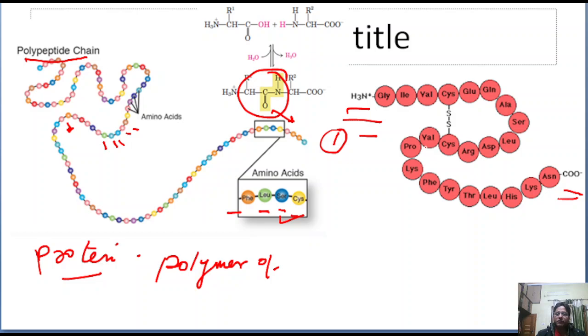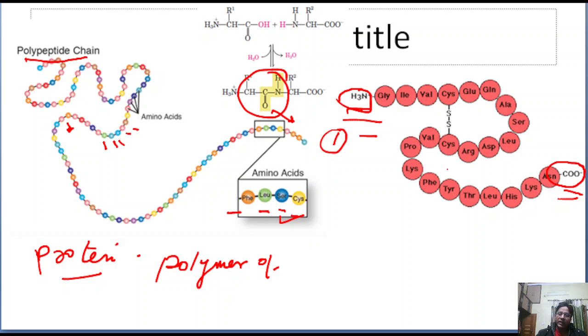So there are two terms, N-terminal and C-terminal. The N-terminal amino acid in the polypeptide chain is the first, starting amino acid, and it is the only one with a free amino group. At the other end of the polypeptide chain, the carboxyl group is free.